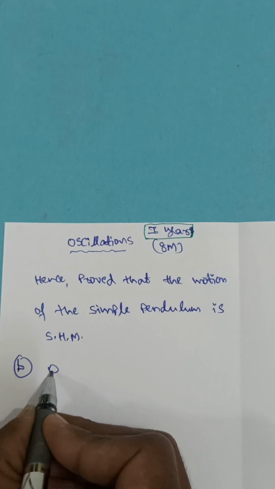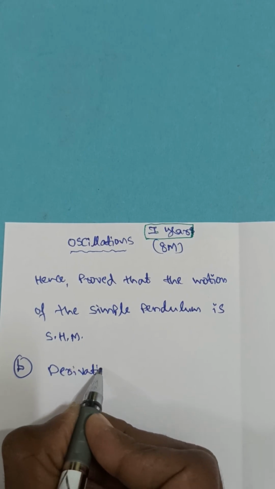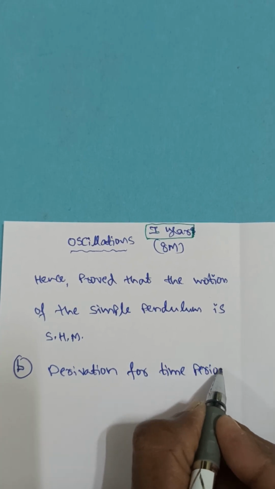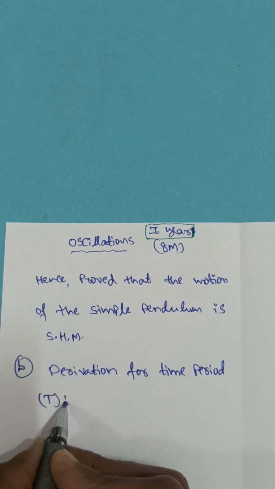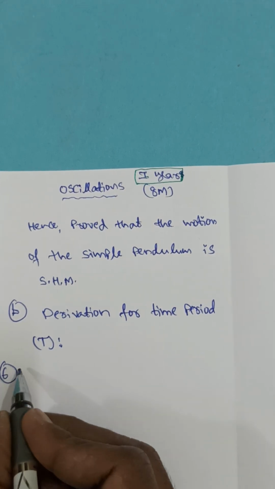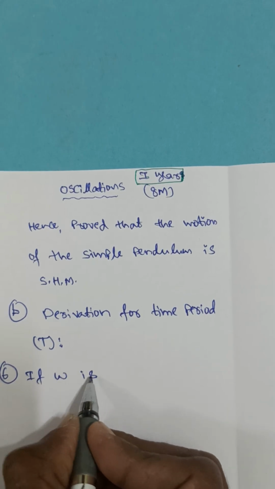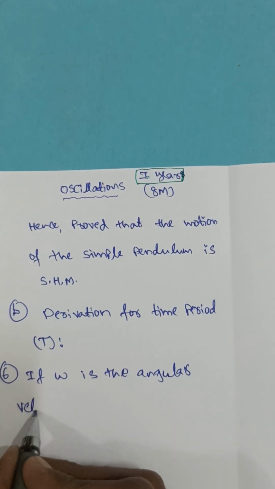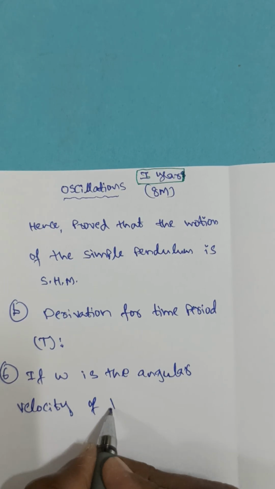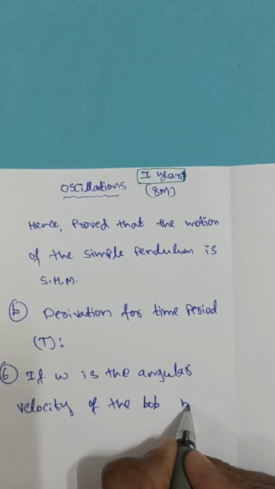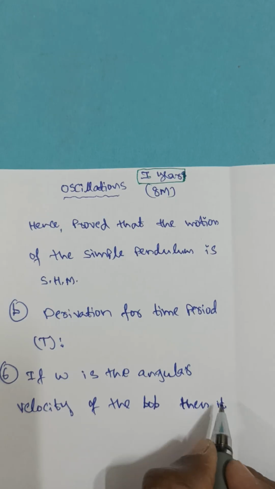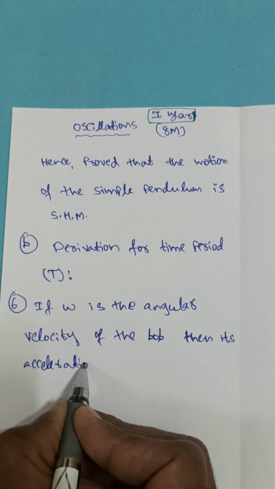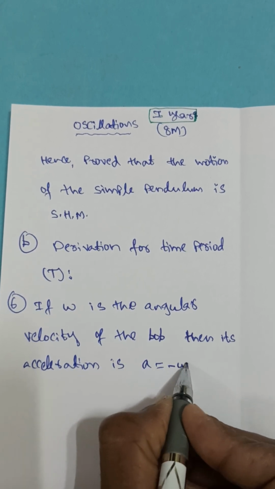B bit, derivation for time period, capital T. Sixth point continuation, if omega is the angular velocity of the bob, then its acceleration is a equals to minus omega square x.